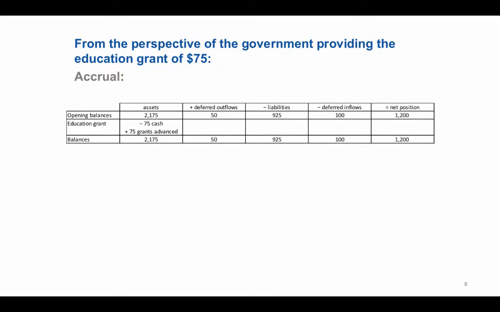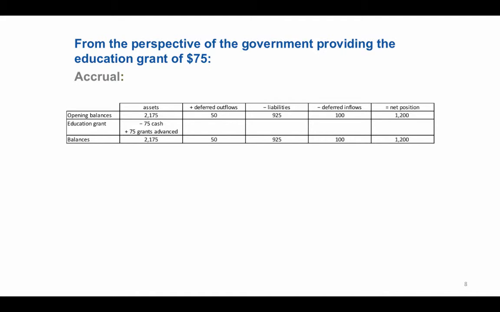So this grantor has provided the cash in advance for this grant, so it has $75 less in cash, and then it recognizes an asset. We'll call it grants advanced. The reason this is considered an asset is, for the same reason that prepaid insurance or prepaid rent is an asset.